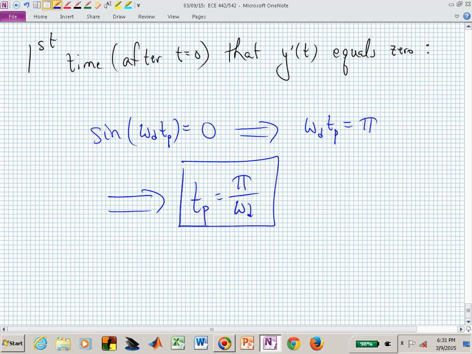At when? 6:29 in the morning. 9:26, if you're in on the joke. 3.14, March 14th, that's pi day. But we have pi over omega sub d. I had a student in a class, we usually teach 442 in the spring, so we always have a pi day in this semester. And he said, Dr. Tharp, I got married on pi day.